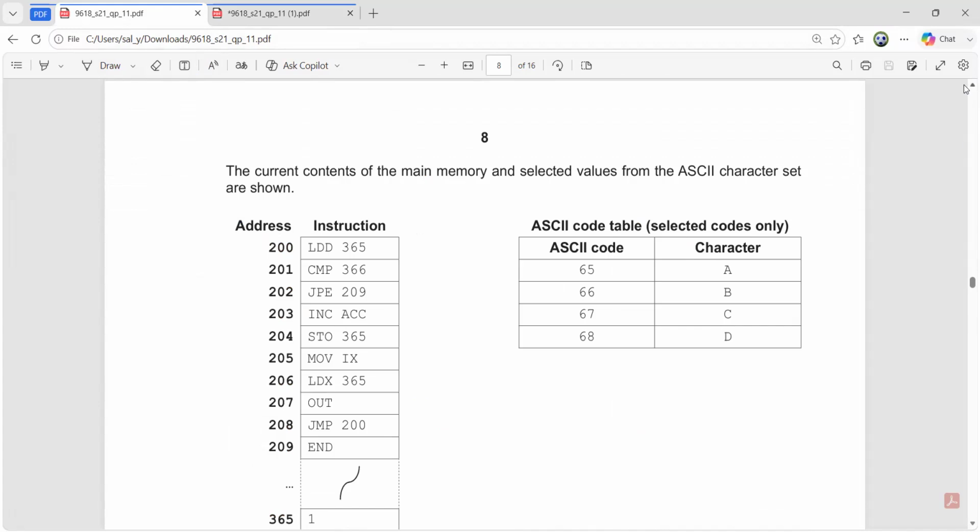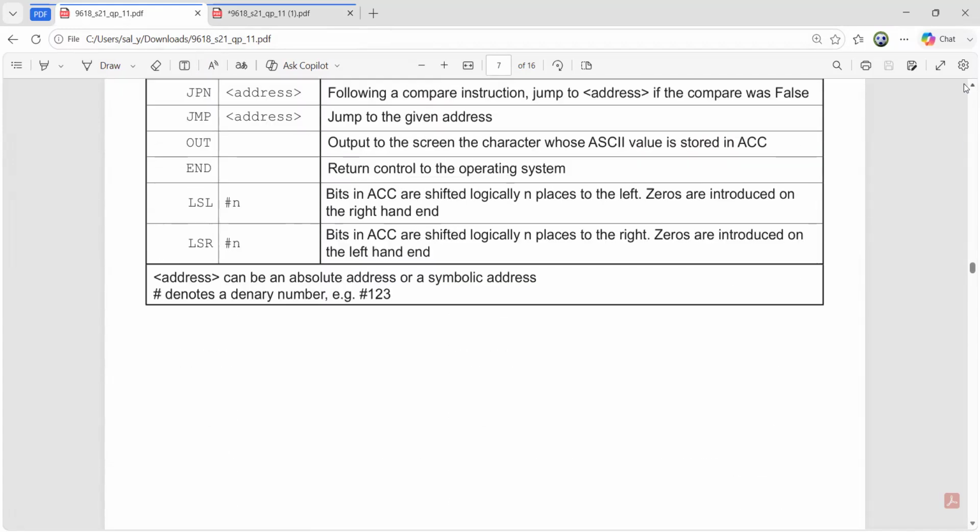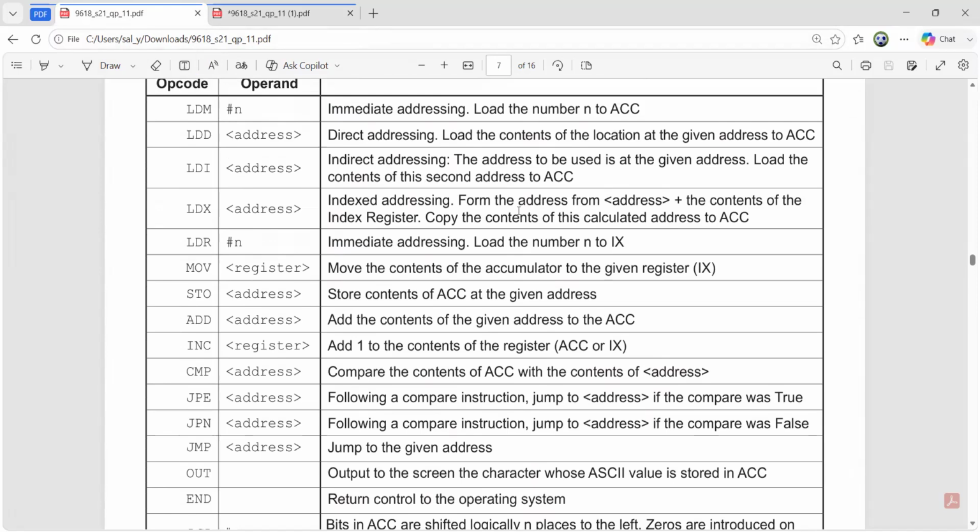LDX 365 means index addressing: from the address plus the contents of the index register. I'm repeating: from the address mentioned in the LDX operand, plus the contents of the index register. Copy the contents of this calculated address to the accumulator.